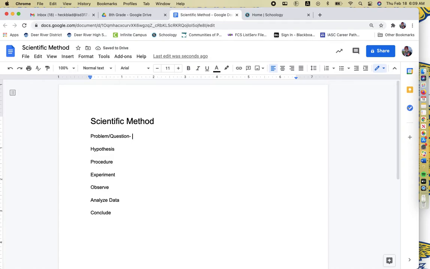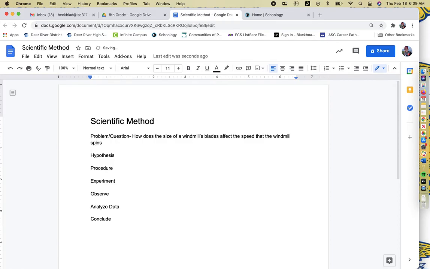So for the experiment we are going to do, we are going to ask, how does the size of a windmill's blades affect the speed that the windmill spins? So I do want you to write that down.